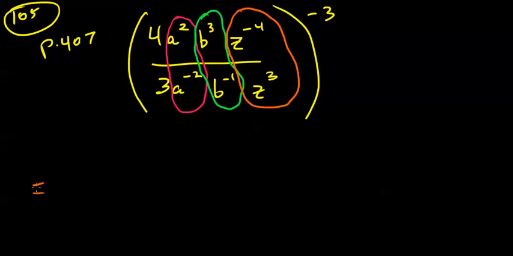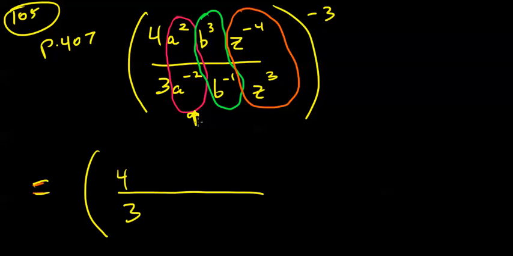And let me see if I can do this. We can do this in our head, or at least a little bit. Alright, 4 over 3 is already reduced. That's not going to simplify. A squared over a to the minus 2 power. If the a to the minus 2 comes upstairs as a squared, I'm going to have 4 factors of a in the numerator.